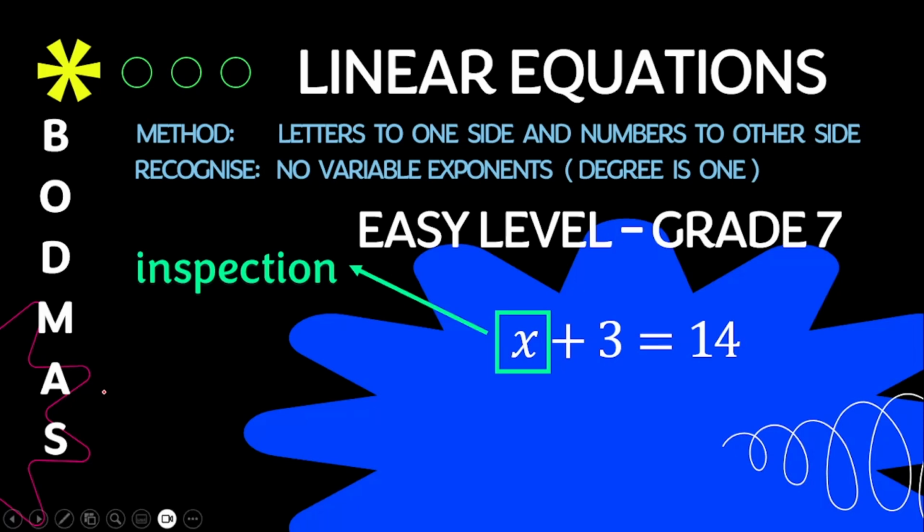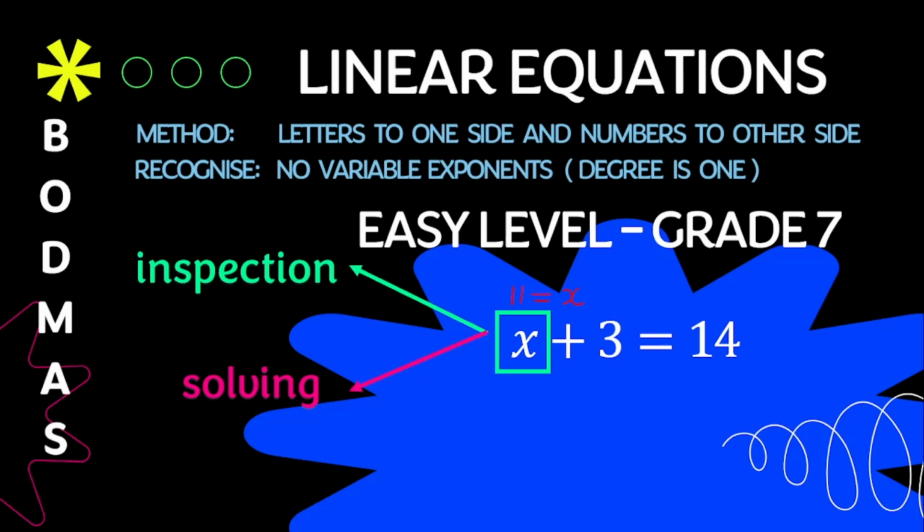So let's think about this. What must I add to x so that when I add 3, I get 14? Well, that's easy. I need to add 11 to x. So that means x is equal to 11.